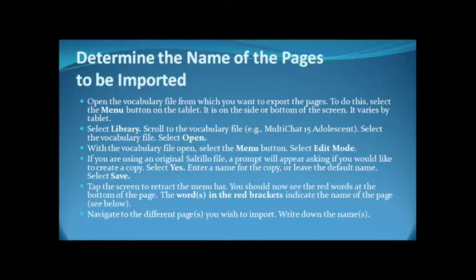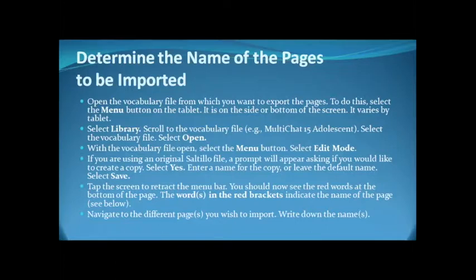Let's say you have a student on 42 Basic, and they go bowling all the time, and instead of you making a bowling page, you know that in the Multi-Chat 15 Adolescent, there is a bowling page. So you're going to go to that file and open it up, just by going into the library.